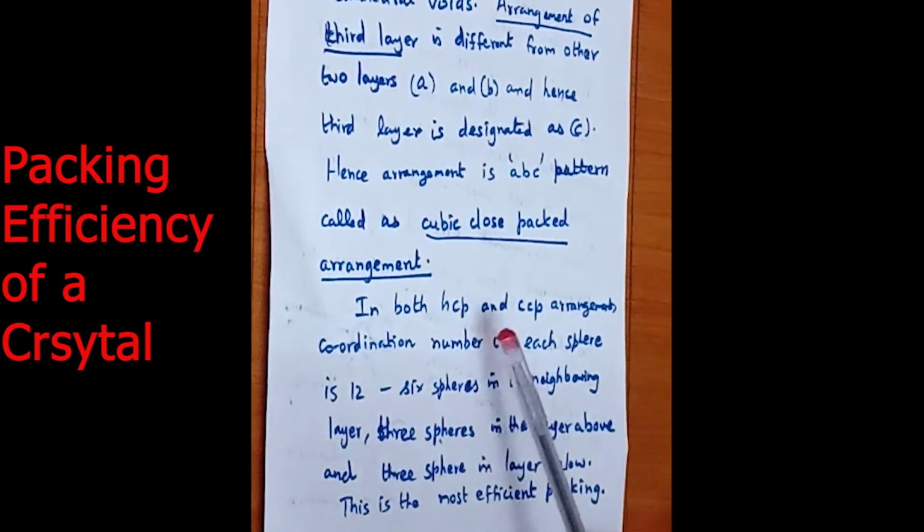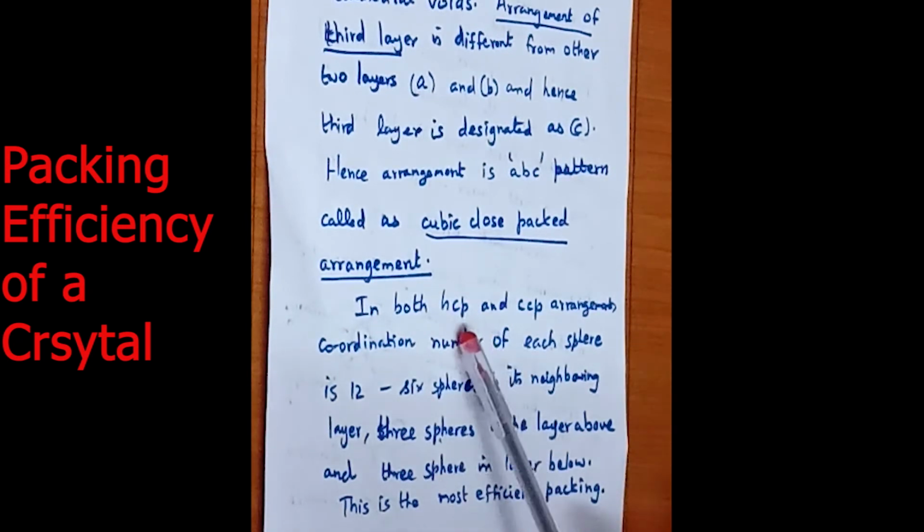So hexagonal close pack na HCP ன்னு சொல்றோம், cubic close pack arrangement na CCP ன்னு சொல்றோம். So in both hexagonal close pack and cubic close pack arrangement, the coordination number is 12. So 6 spheres in the neighboring layer. அப்படின்னா என்ன அர்த்தம்? 3 spheres எங்க இருக்கும்? லேயர் அபோவ்ல இருக்கும். 3 spheres in the layer below.